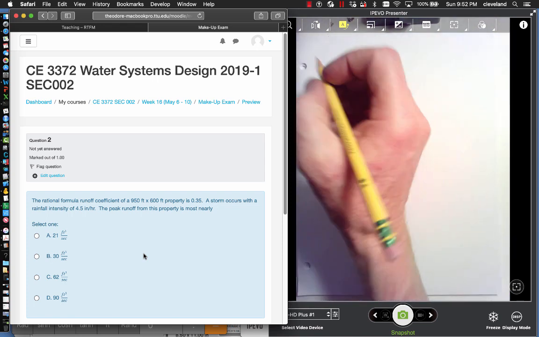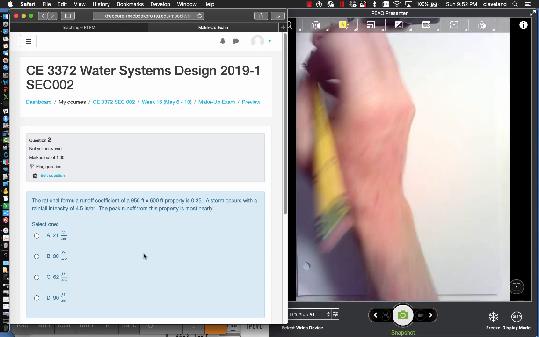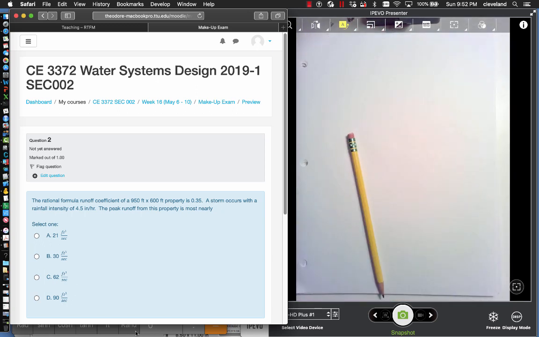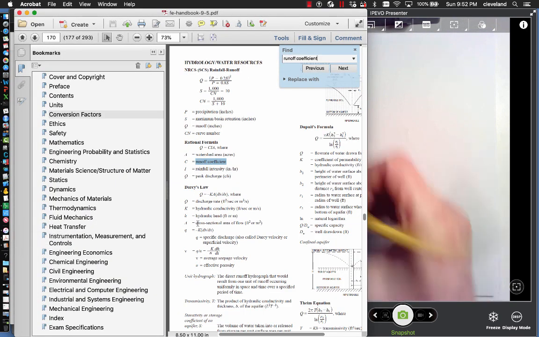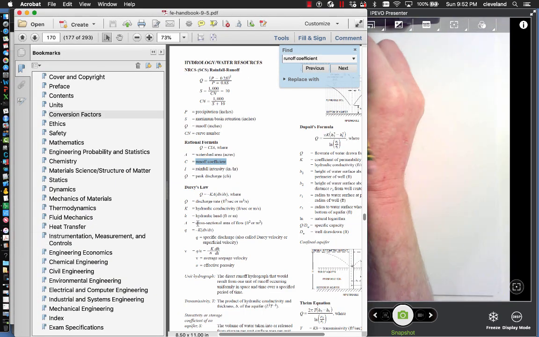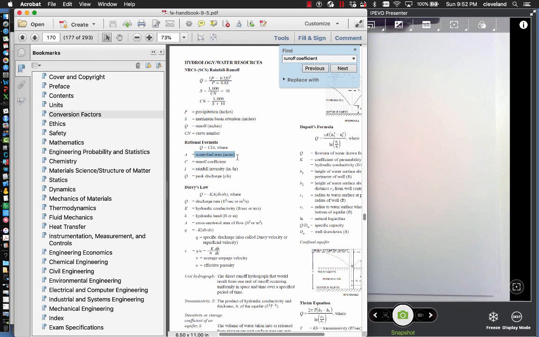So this particular problem, we already did the rational formula. Let's go back to our, so we still have Q equals CIA, but notice here the area is in acres, the intensity is in inches per hour, and it produces peak discharge in cubic feet per second.